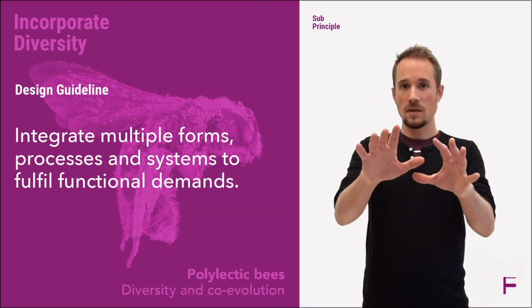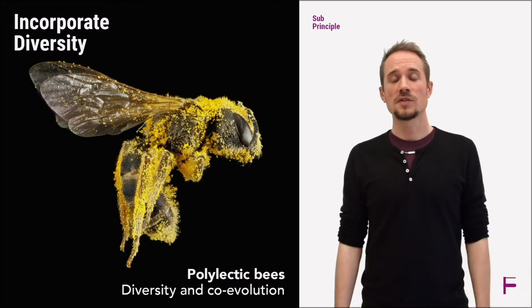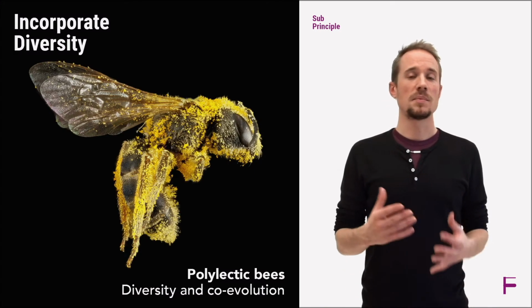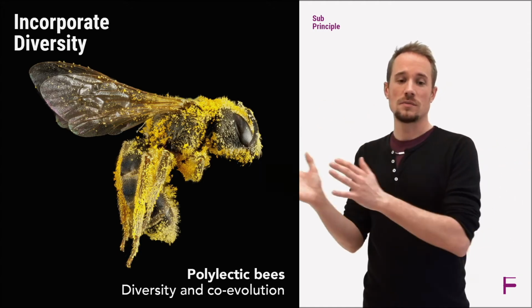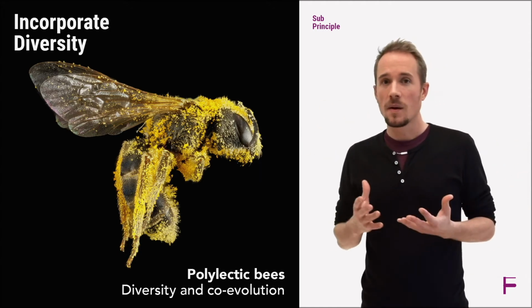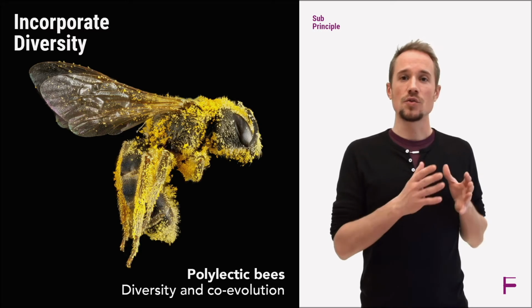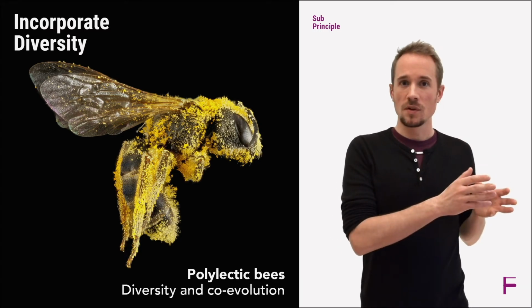And in our tree ecosystem, polylectic bees are very important for the pollination of trees. Also, many wild bees use wood, the old wood, the dead wood, parts of the tree to nest there.